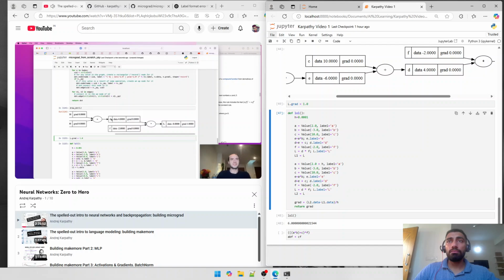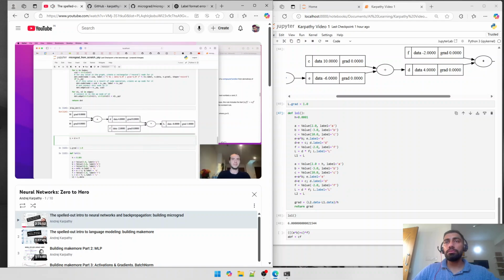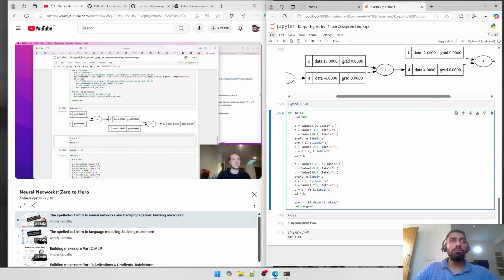So let's here look at the derivatives of L with respect to D and F. Let's do D first. So what we are interested in, if I create a markdown out here, is we'd like to know, basically we have that L is D times F, and we'd like to know what is dL by dD? And if you know your calculus, L is D times F, so what is dL by dD?